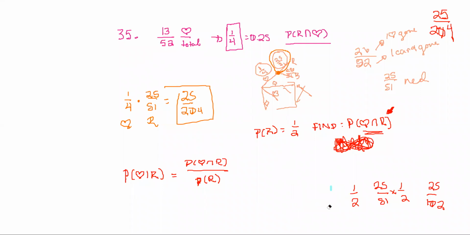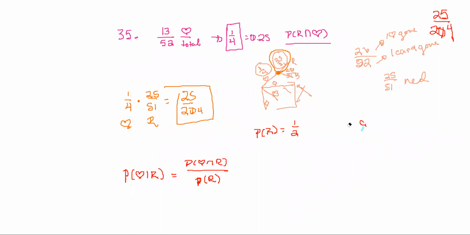Let's do it like we were doing it on page 427, like you suggested, but we're going to separate it out a little bit because I'm struggling conceptually with what this term is, this probability of hearts intersecting with red. So let's just draw another tree diagram.